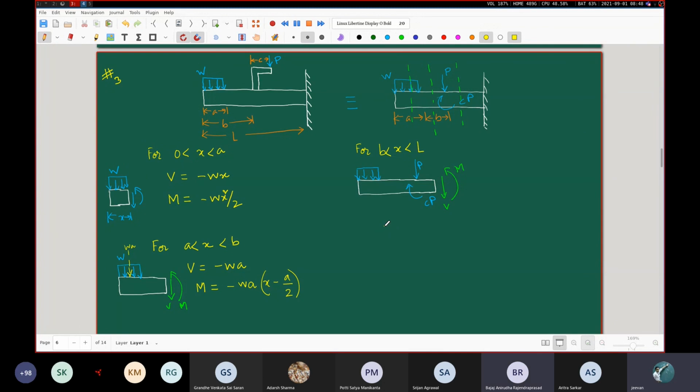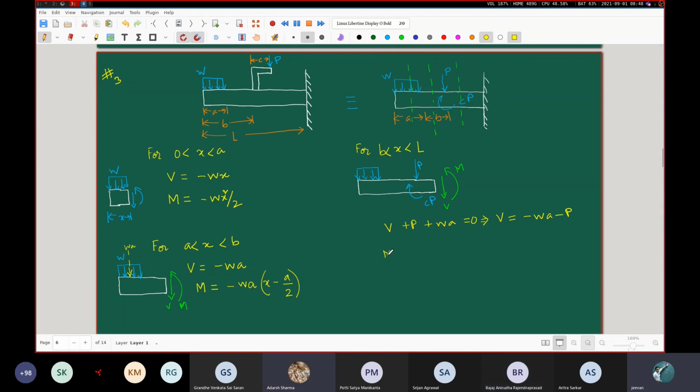V is equal to minus P minus WA. So this will be V plus P plus WA equals 0, which gives V equal to minus WA minus P. This was easy enough. Next, for the moment, you write it properly.